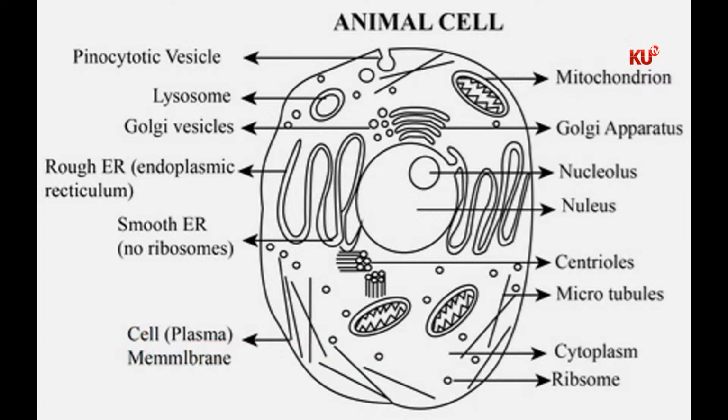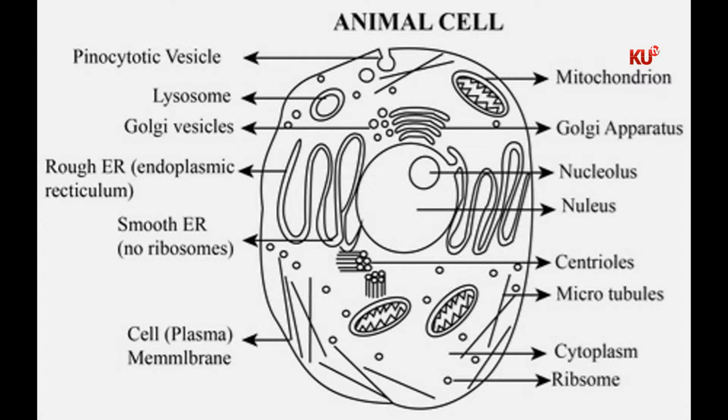In the animal cell, we have the cell membrane, then we have the cytoplasm, and then we have the nucleus, which is here. This is a cell seen through the light microscope.